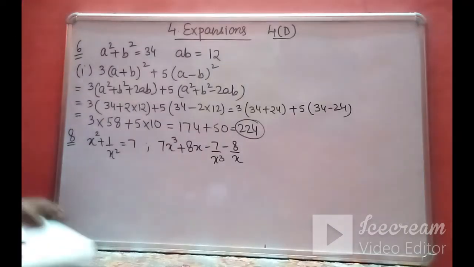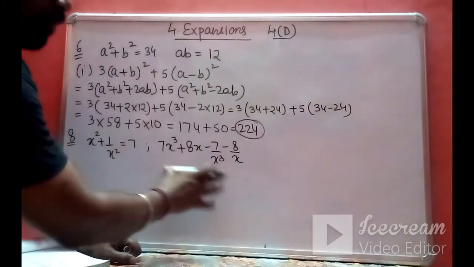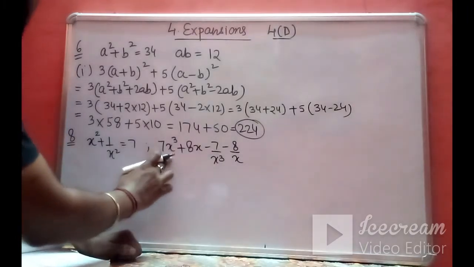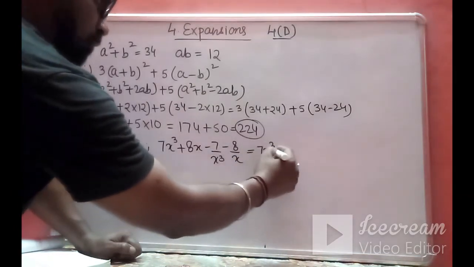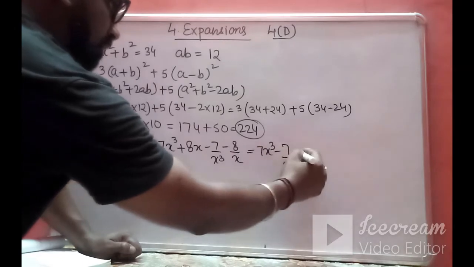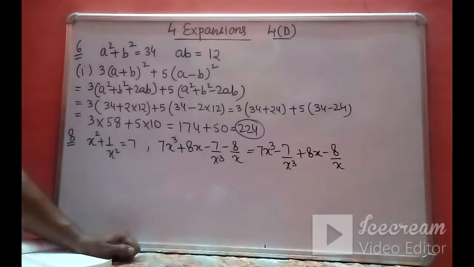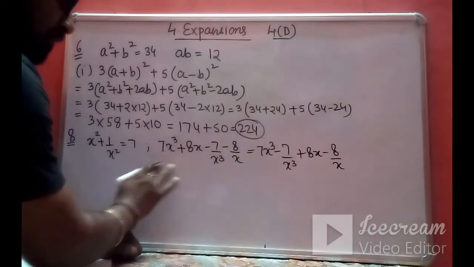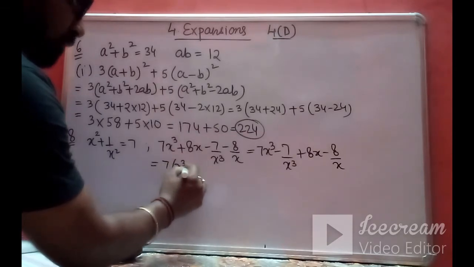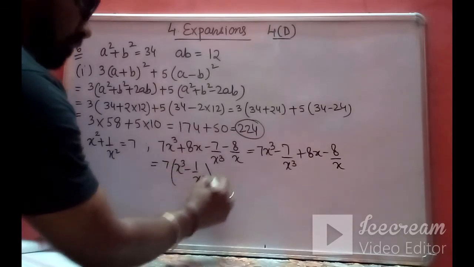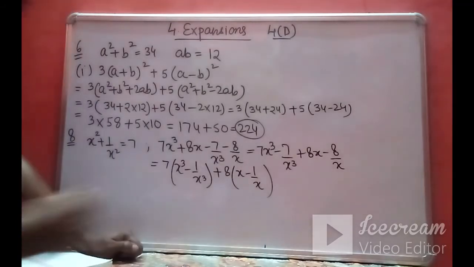Okay, so what we will do, we will group the terms, all the terms containing 7 together and all the terms containing 8 together, like this: 7x cube minus 7 upon x cube plus 8x minus 8 upon x. So finally it is reduced to, we will take 7 as common, so x cube minus 1 upon x cube plus 8 into x minus 1 upon x.